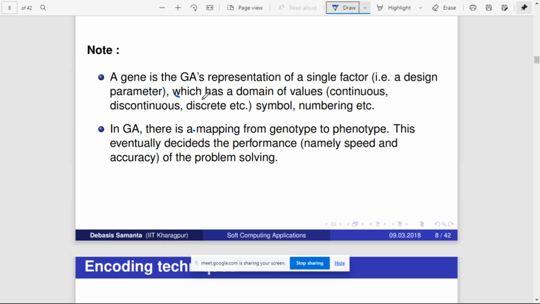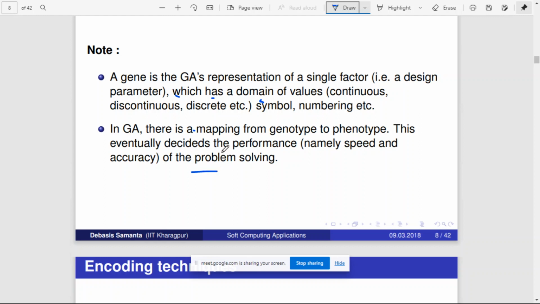That is a design factor which has domain values. These domain values can be either continuous, discontinuous, or discrete. There is a mapping from genotype to phenotype. This eventually decides the performance of problem solving.